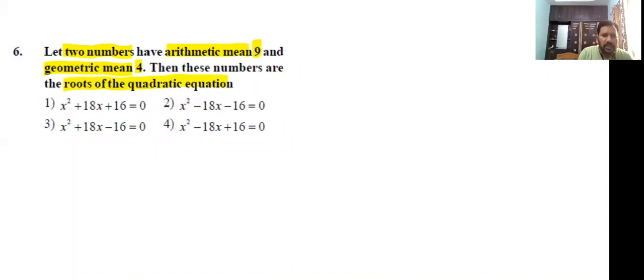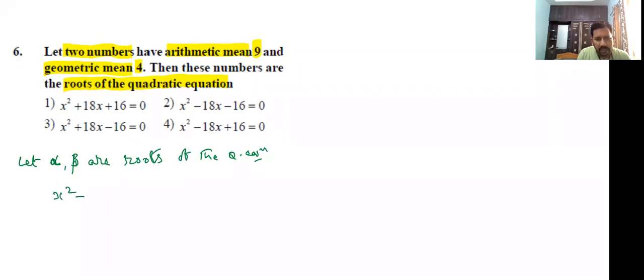Suppose the numbers are a comma b, or you can take alpha comma beta, as roots of the quadratic equation. Then how to write the quadratic equation? x square minus sum of the roots into x plus product of the roots is equal to 0.